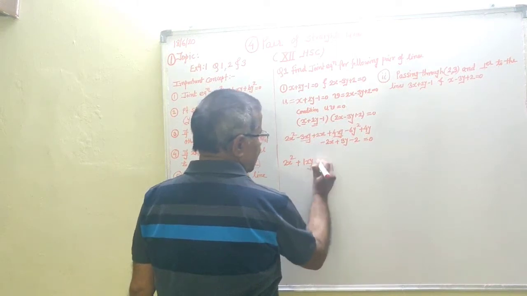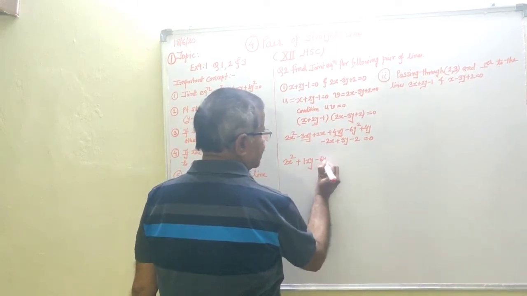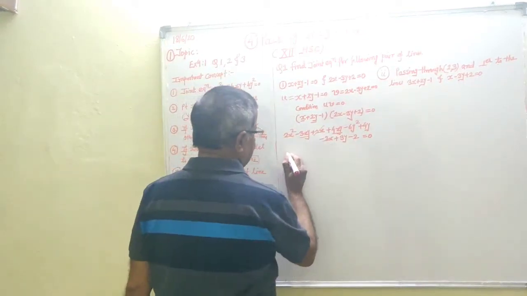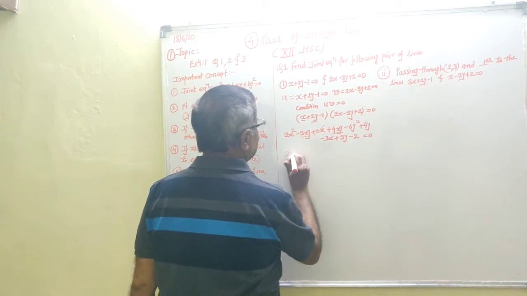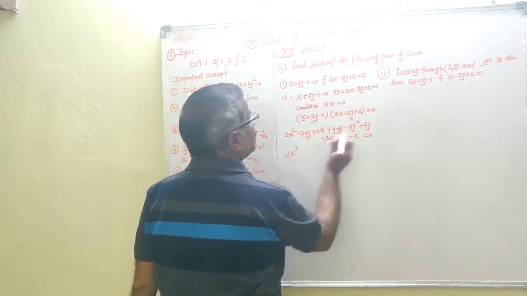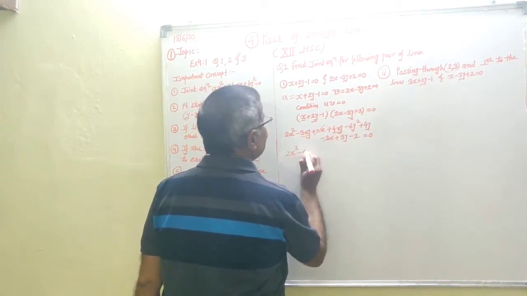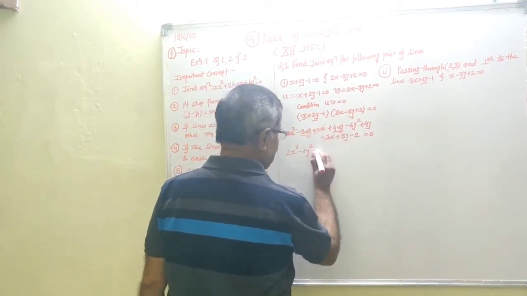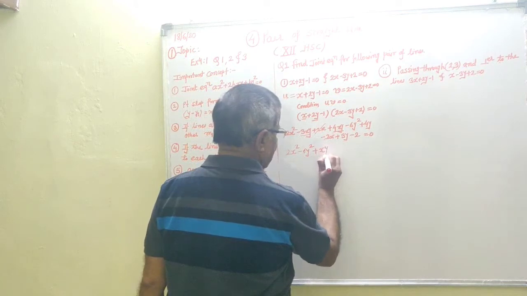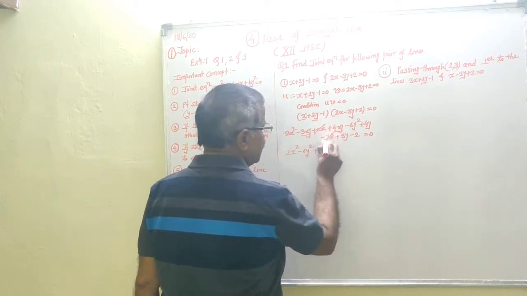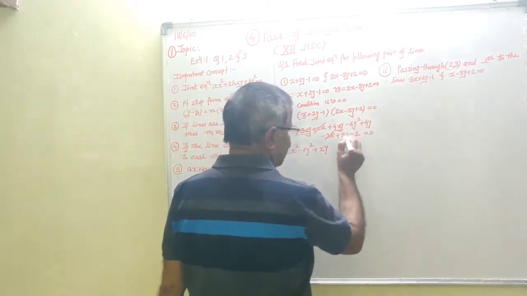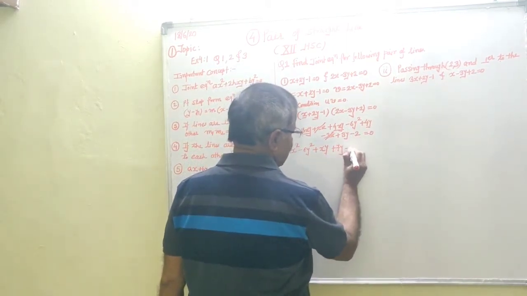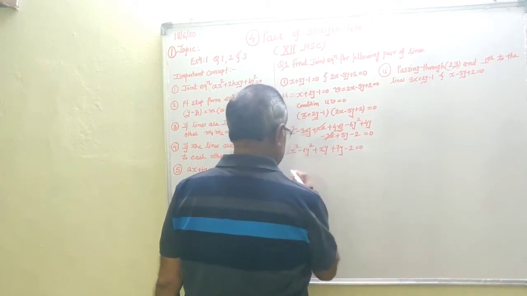Then minus 6y square. This is plus 2x and minus 2x, which go. So we write this equation as 2x square minus 6y square plus xy, then 4y plus 3y is equal to 7y, minus 2 is equal to 0.